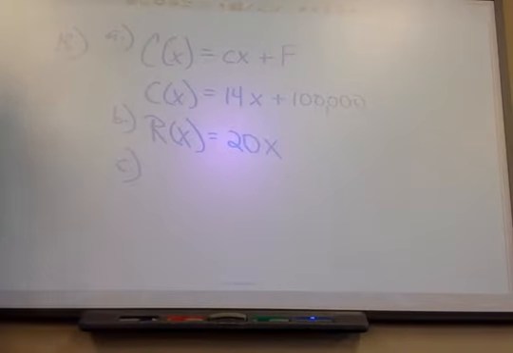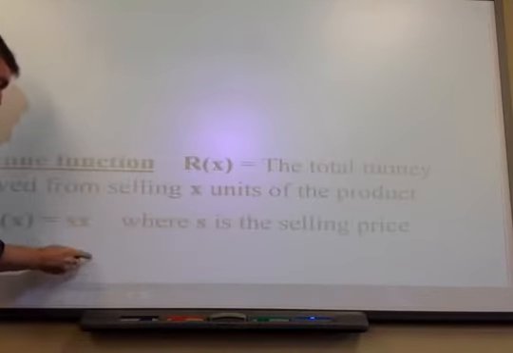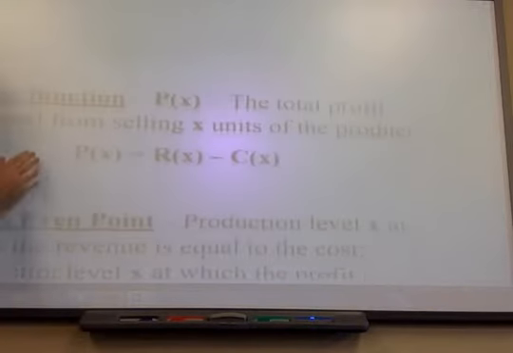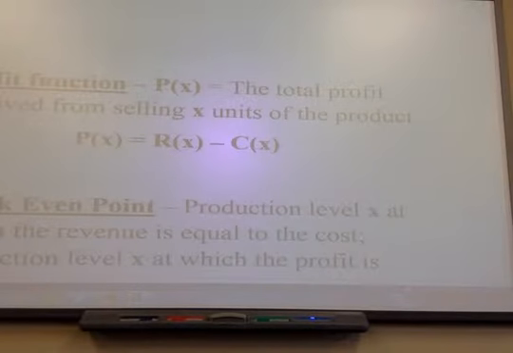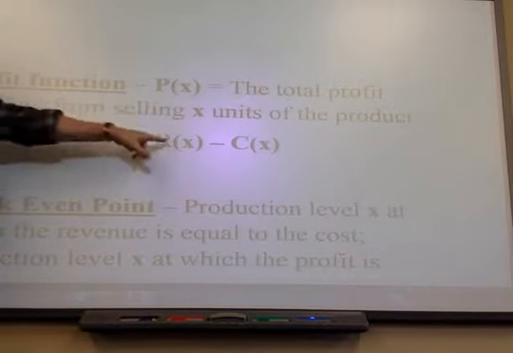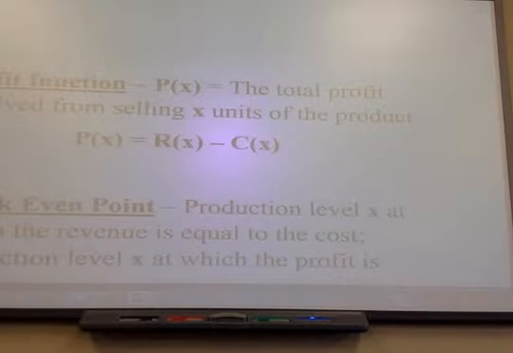And then part C asks, what's the profit function? The definition: total profit received from selling X units of the product. The way we get profit is the revenue minus the cost, the money we bring in minus what we spend.